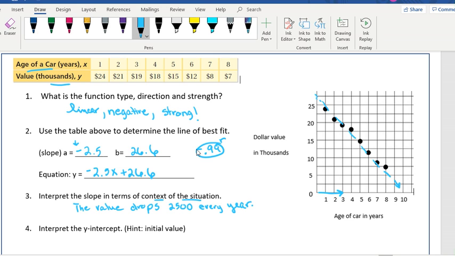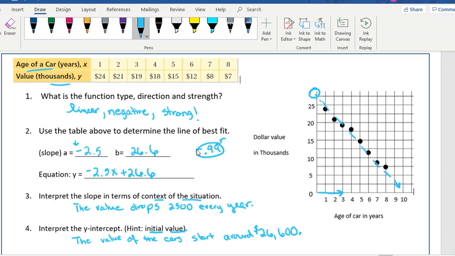Okay, interpret the y-intercept, that initial value. The y-intercept is what is right here, so the value of the cars in this data starts around $26,600.